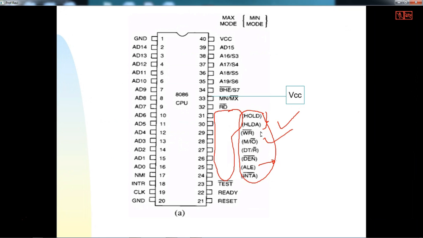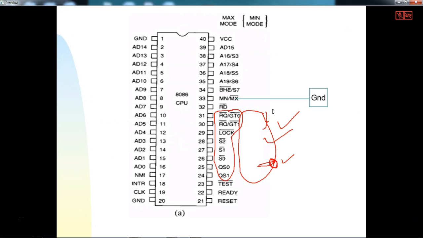Without this, when you connect your memory or other IO devices, the address would have to be carried throughout the memory read or memory write operation. But when you connect the 8086 in maximum mode, the pin functions are different, and there is no ALE, there is no write bar and all.